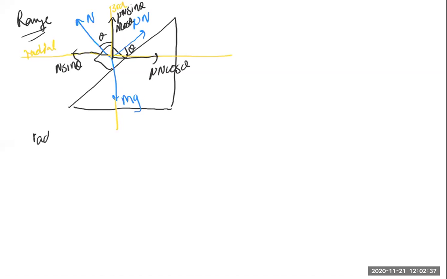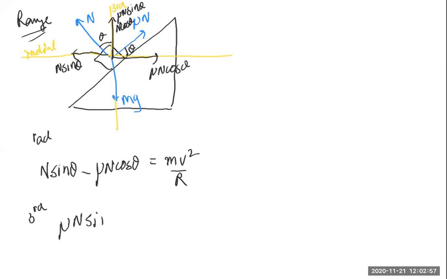So along the radial direction, force towards the center minus force away from the center is equal to mv square by r. And along the third axis, the upward force mu N sin theta plus N cos theta is equal to mg. So N is equal to mg upon mu sin theta plus cosine theta.